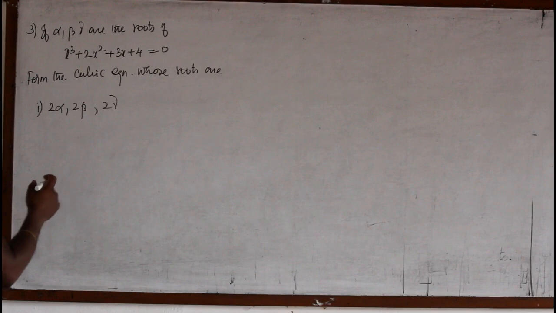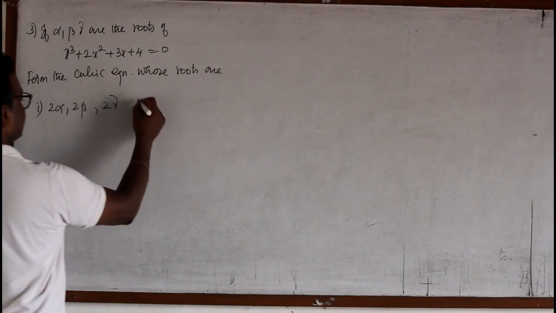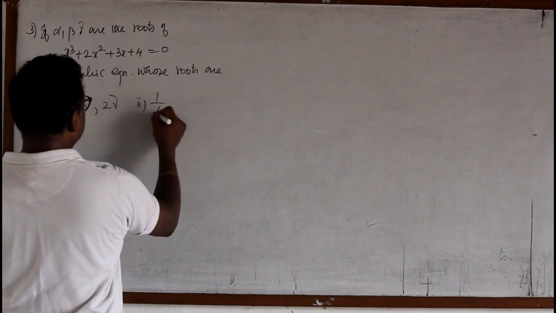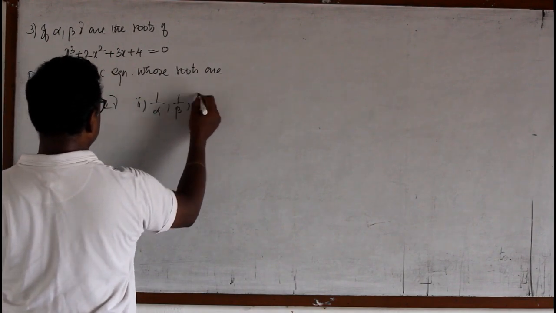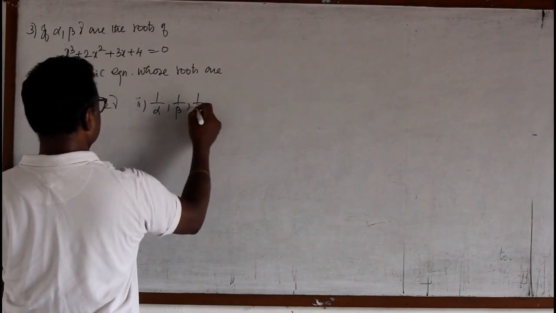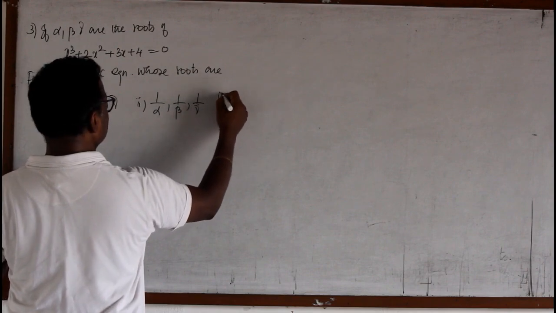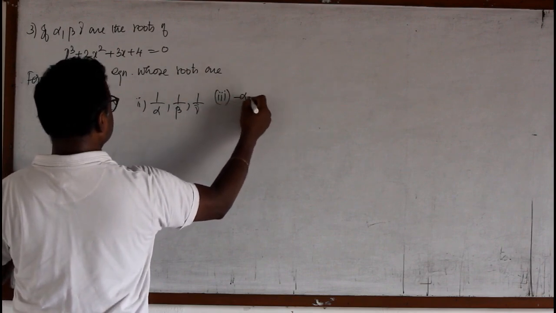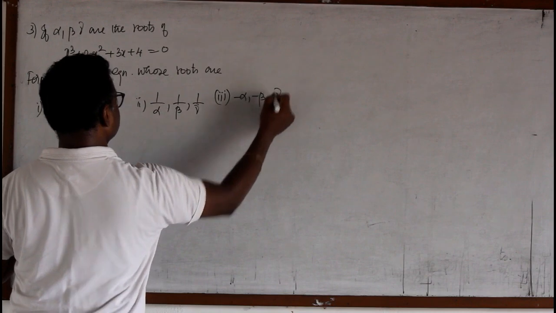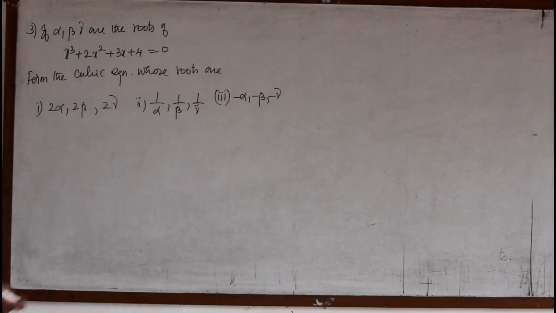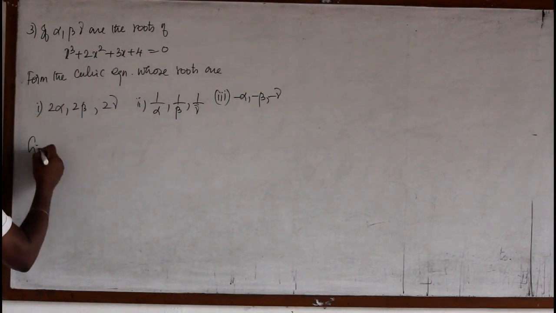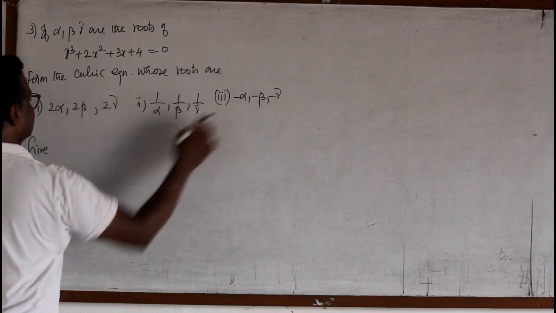So what will be the cubic equation? These three are roots. Similarly, second question, 1 by alpha, 1 by beta, 1 by gamma. Then third, the roots are minus alpha, minus beta, minus gamma. So I have to find the three equations separately.